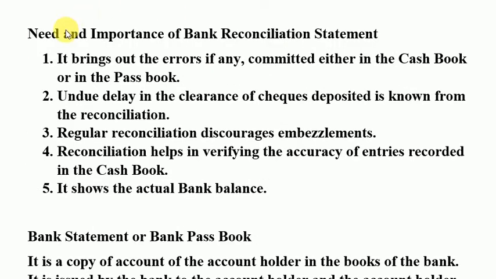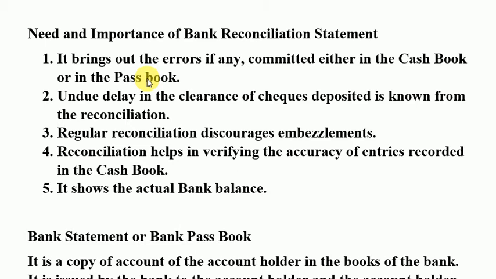So now we are going to see the need and importance of bank reconciliation statement, which is prepared by the account holder, that means the businessman. This statement brings out the errors, if any, committed either in the cash book or in the passbook. So the first reason why we prepare it is so that we can find out if there is any error in the cash book or in the passbook.